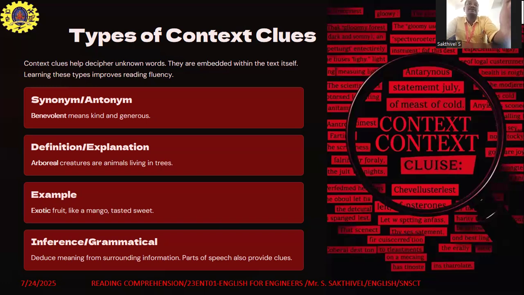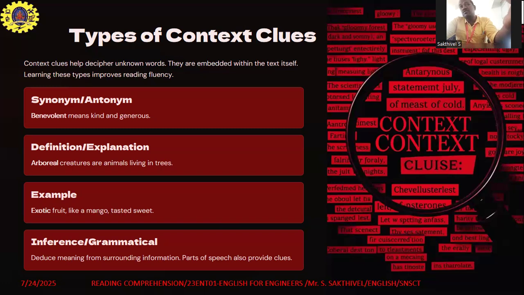Here is an example: benevolent. What is benevolent? It means kind and generous. And it also helps us define or explain the context. For example, arboreal means creatures, animals, living in trees.